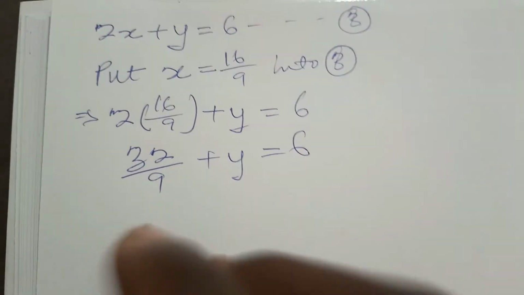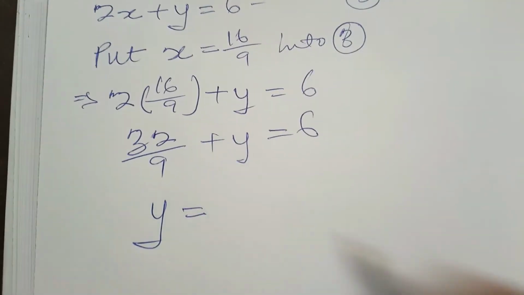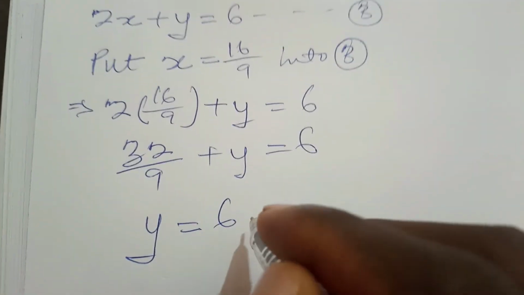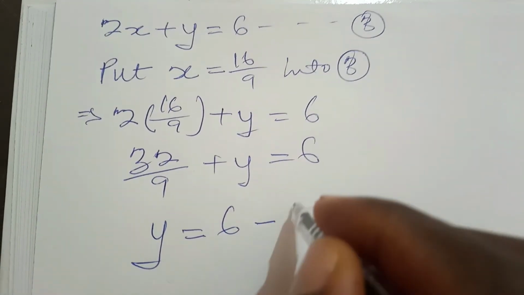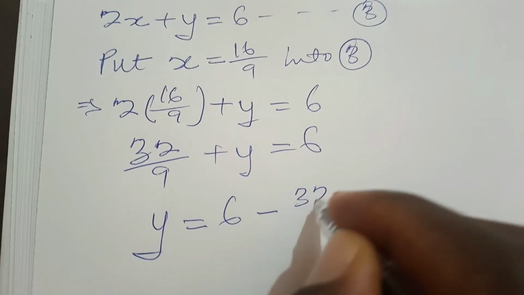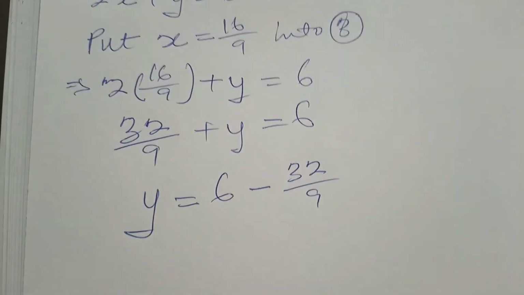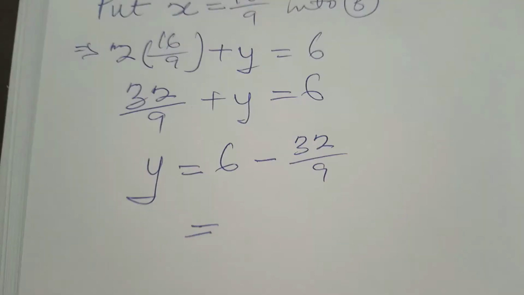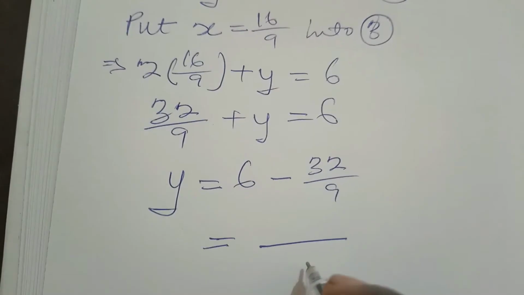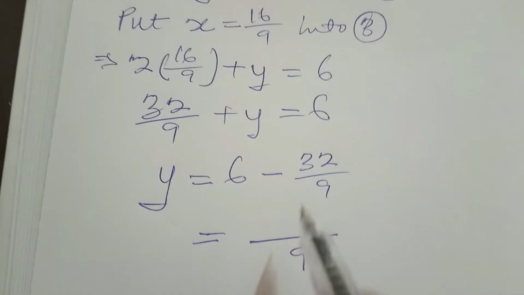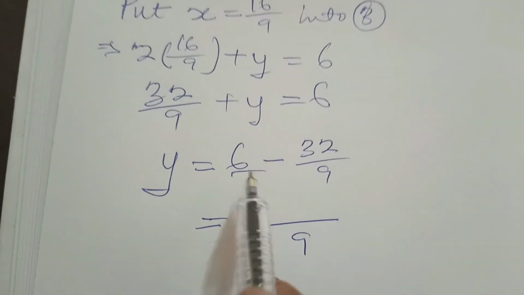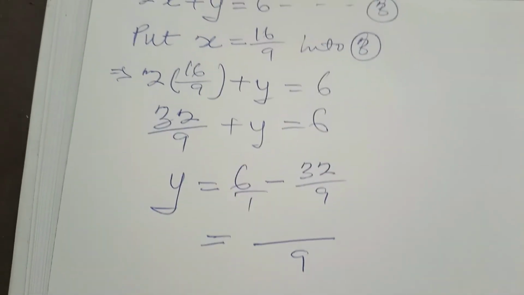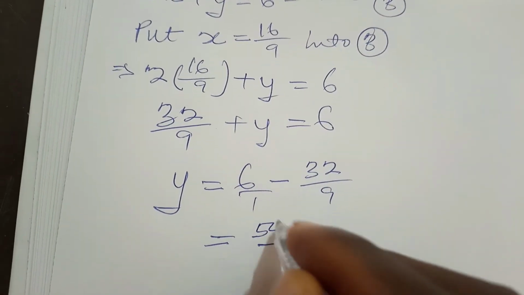So we group like terms. Our y will be equal to 6, and this one goes across and becomes minus, so minus 32 over 9. This is subtraction of fractions, so you find the LCM. Our LCM is 9. This is 6 over 1. So 1 goes into 9 nine times. 9 times 6 will give us 54.